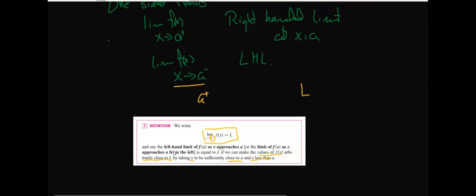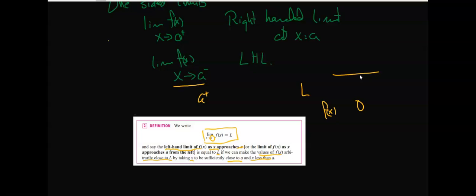So that's what they say here. Let's read it again. We say that the left-hand limit of f as x approaches a from the left is equal to L if we can make the values of f of x arbitrarily close to L. So we wanted to make the values of f arbitrarily close to 0.